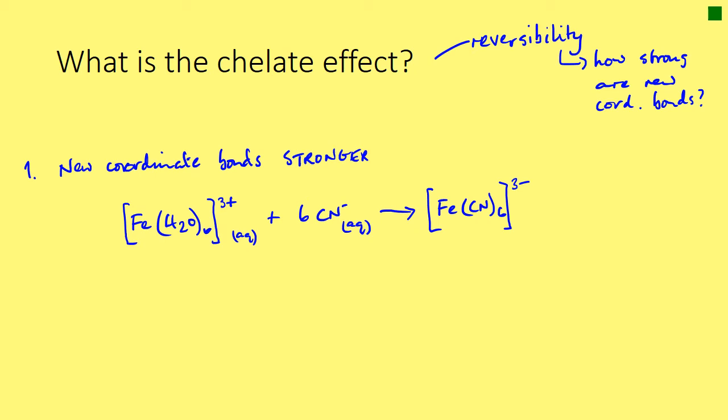And then of course in solution we've got added 6 more water molecules. So that's an example of a reaction where the new coordinate bonds between the iron and the cyanide ions are stronger, so it's not really reversible. It doesn't really go back in the other direction. So we can say that this complex here, the one with the cyanide ligands, is more stable.